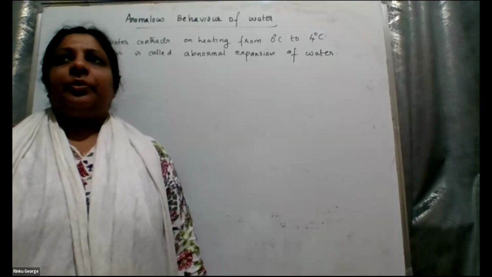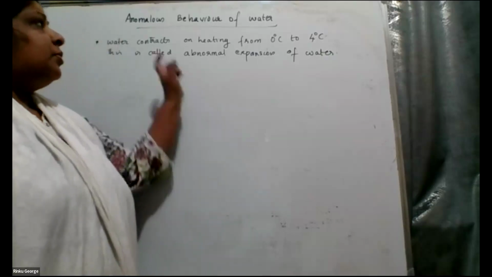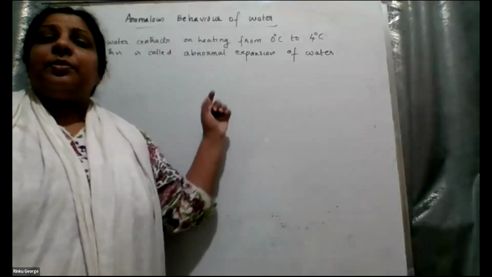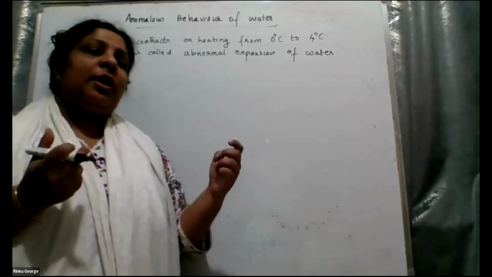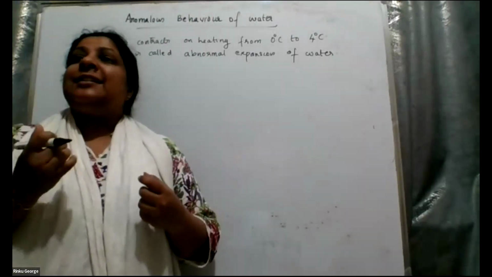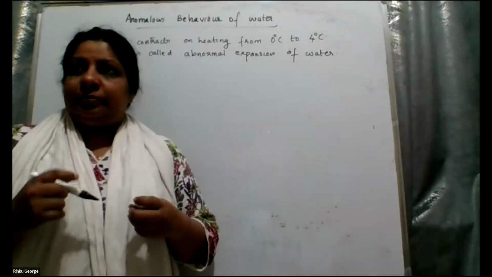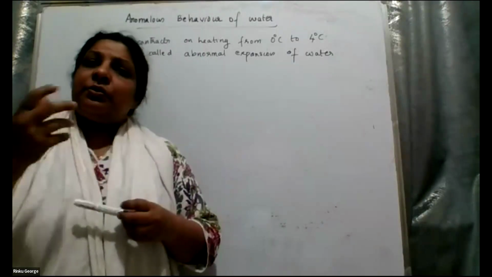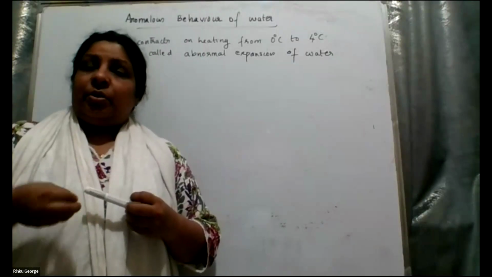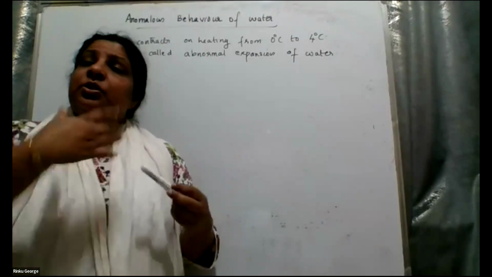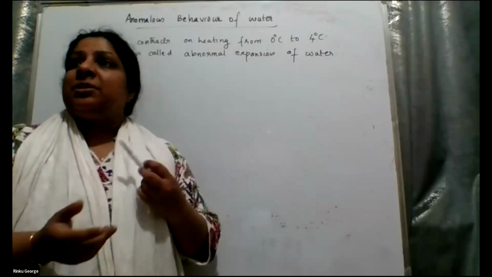Okay, got it right? Now listen. Water contracts on heating from 0 degree to 4 degree. Normally, if you heat something, it will expand. Plastic and all, if you heat, it will expand. Or normally when you heat water, it turns to vapor, that means it is expanding.